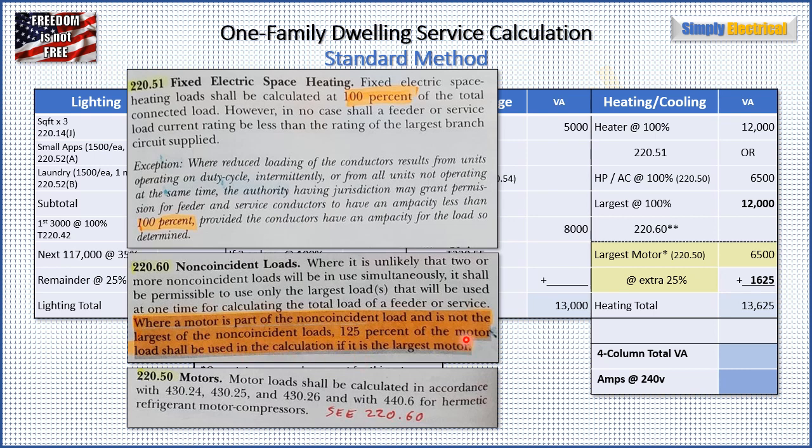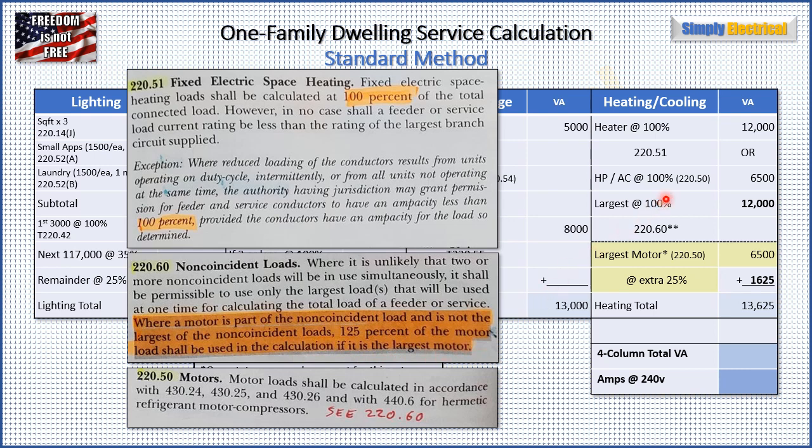So, where a motor is part of the non-coincident load, which in our case with the heater and AC, we do have motors, and actually both of these loads have motors in them. It says where a motor is part of the non-coincident load and is not the largest of the non-coincident loads, so that would be the heat pump. It has a motor, but it is not the largest of the non-coincident loads. 125% of the motor load shall be used in the calculation if it is the largest motor.